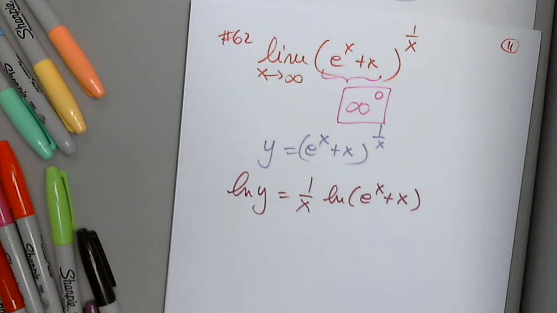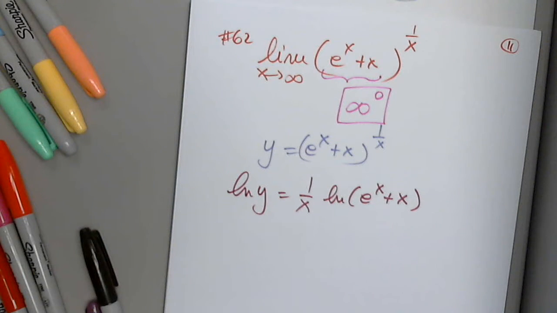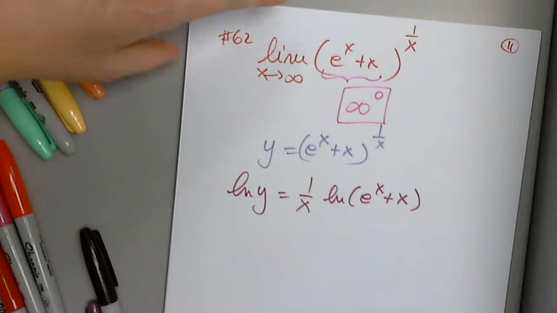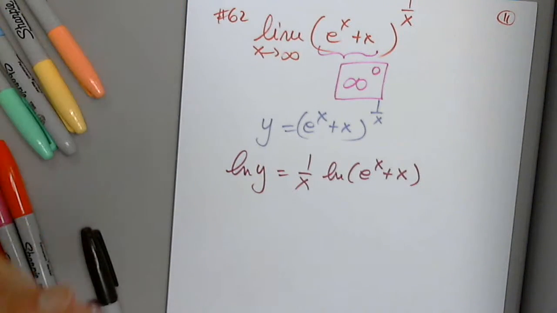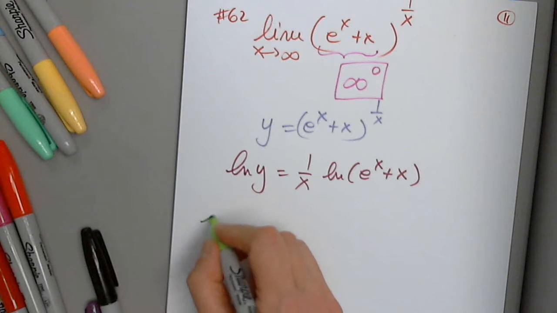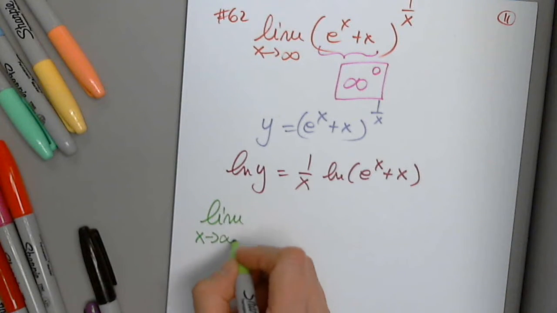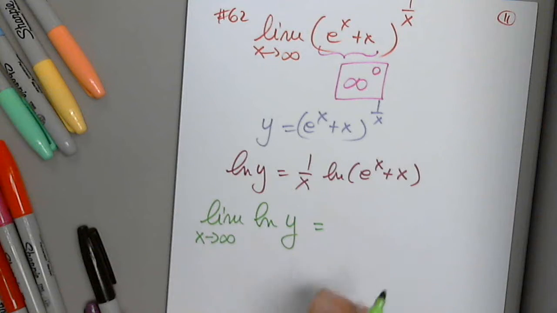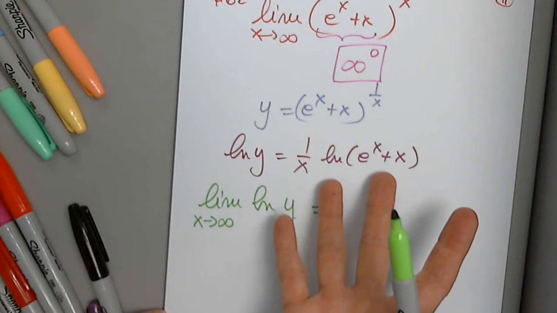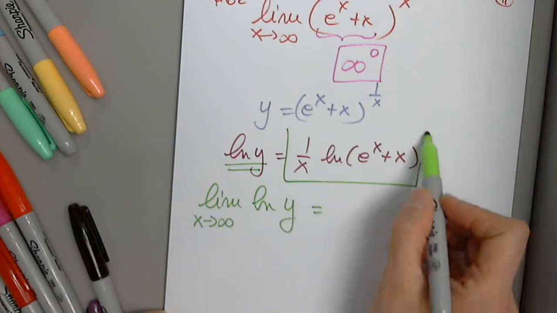Good. What do we do now? We created a new function, right? Yes, but eventually this will help us find what we're looking for. Yes, Ricky? Very good. Limit as x approaches infinity of natural log y, which I will replace by this, because natural log y is this.